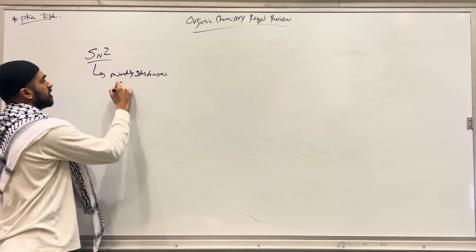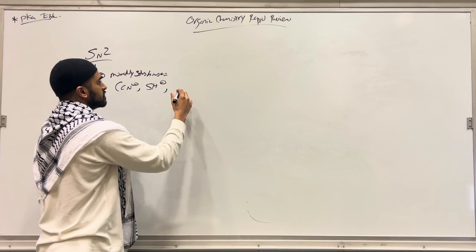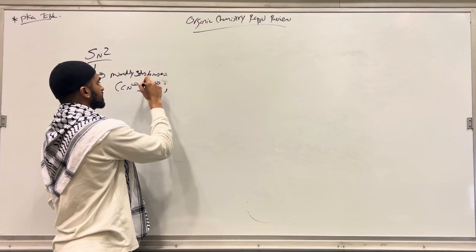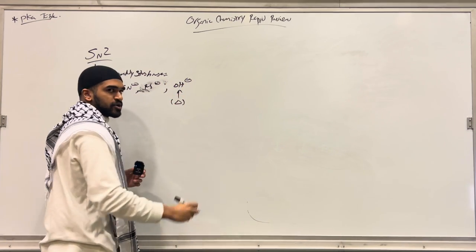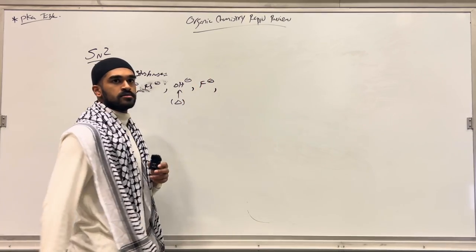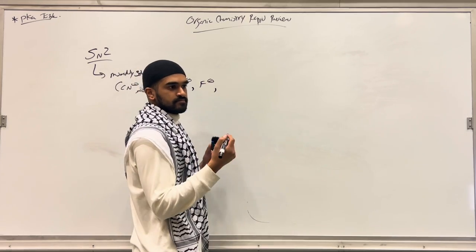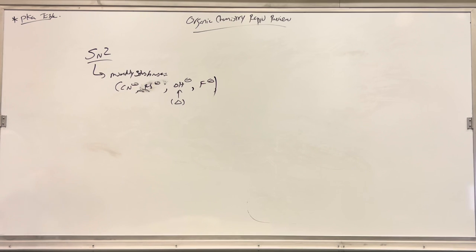But examples are CN minus, SH minus, RS minus, OH minus, and this one's really dependent on temperature, right? F minus, what else? Yeah, I mean, this is a pretty decent list, right?